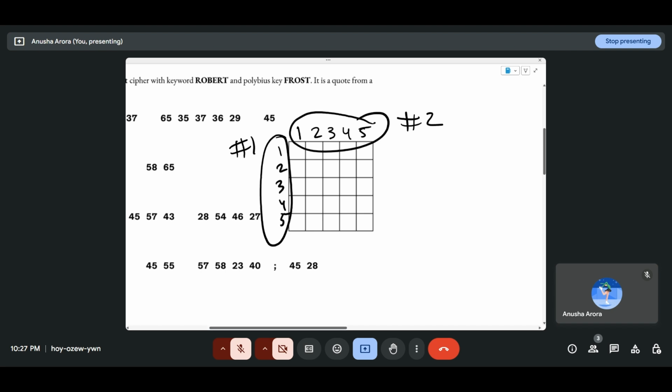Okay? So what this is going to be filled with is basically just A, B, C, D, E, F, G, H, and then I and J share a spot. I, J, K, L, M, N, O, P, Q, R, S, T, U, V, W, X, Y, Z.